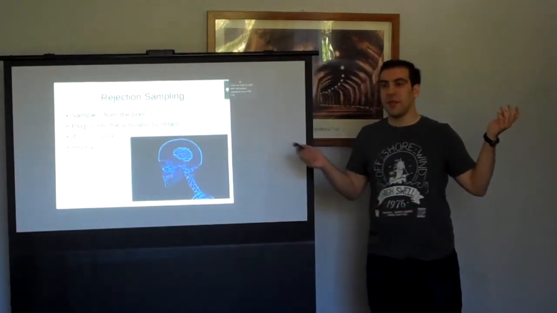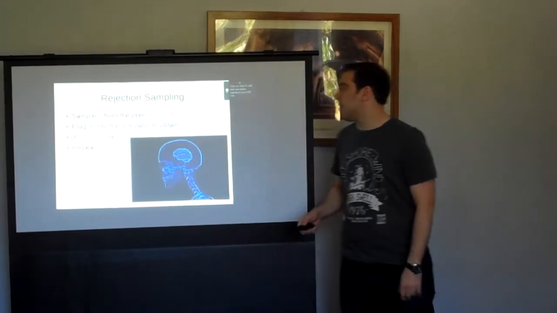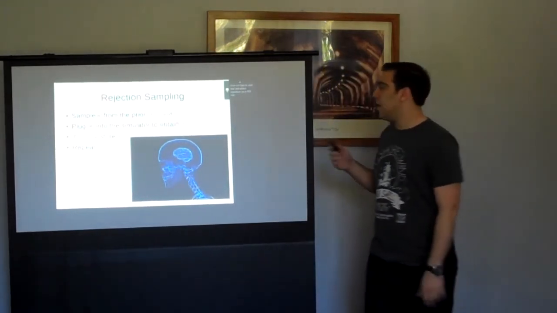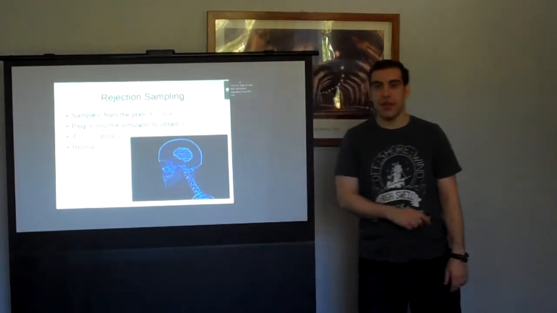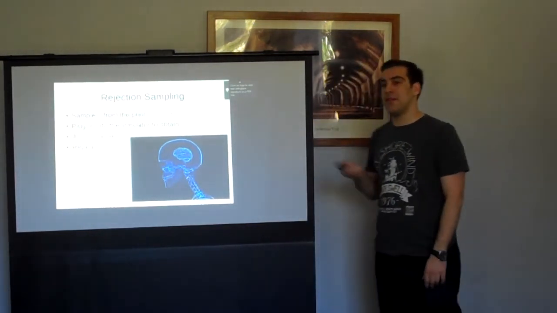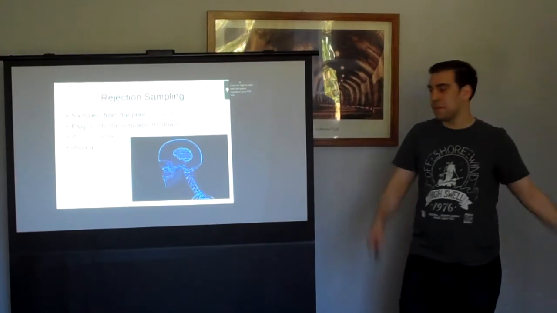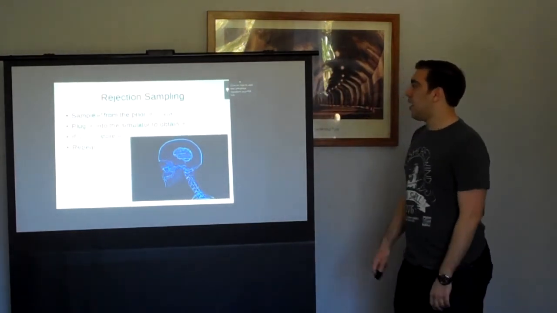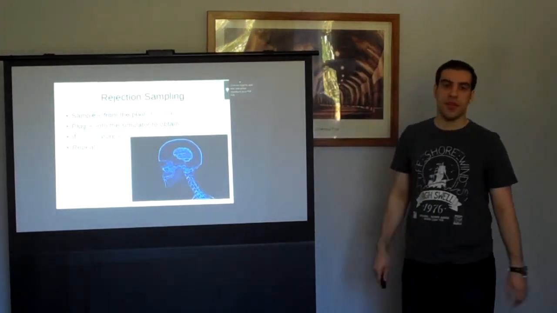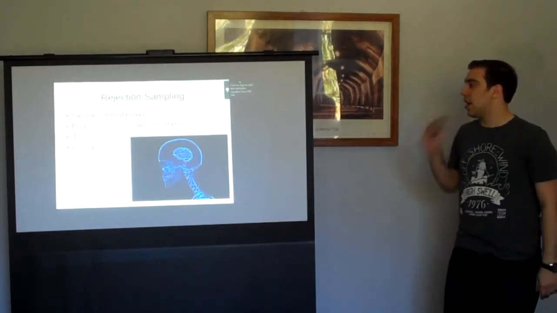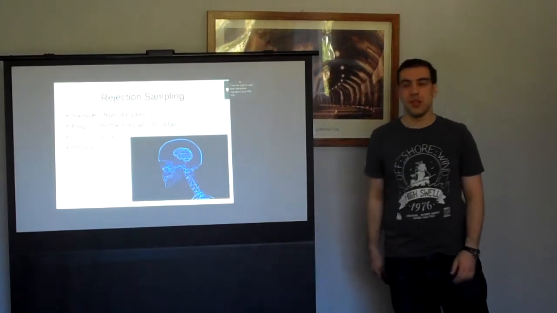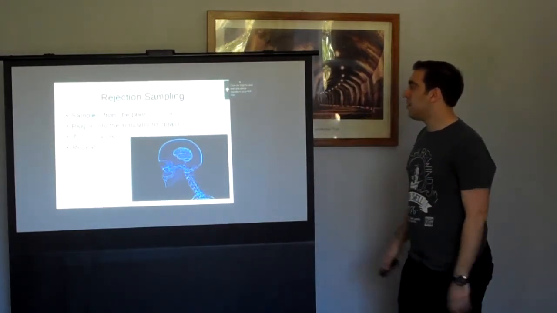If they're similar, we store the value of the parameter that we sampled. If not, we throw it away. Doing this for lots and lots of iterations will give us a histogram over our parameter, and that would be our posterior. But as you can see, this is a very stupid way to do this, because if we have a very high dimensional model, it will take, I don't know, a century or two to converge. So it's not very useful.